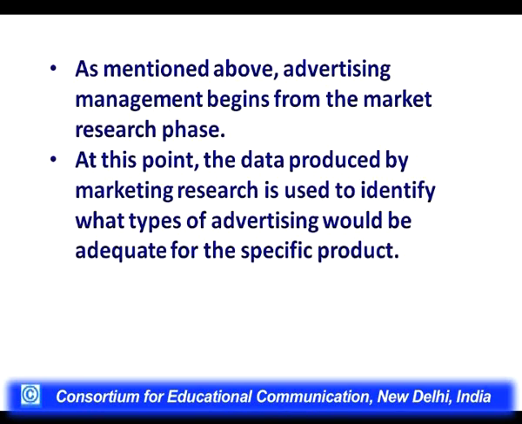One is the data, and data helps us to decide what sort of advertising is required for this particular product. We know the product, we know the features of the product, we know our audience, and then the marketing research gives us the method of advertising for that particular product.